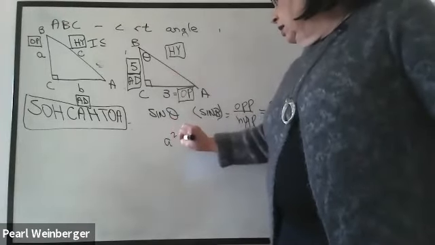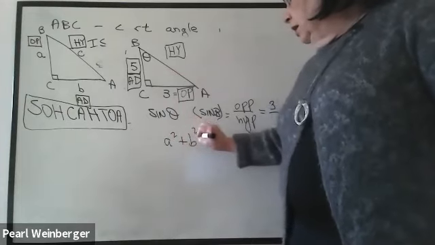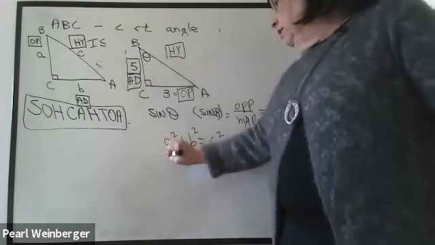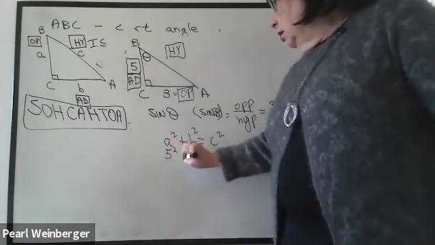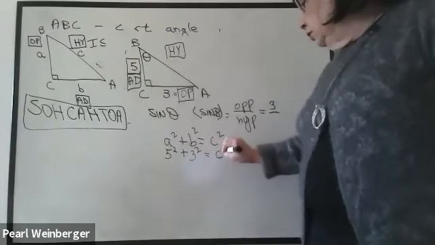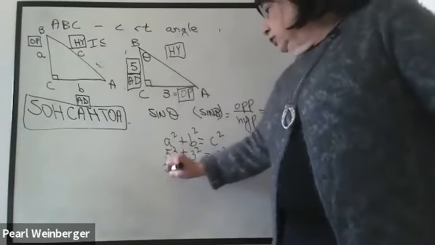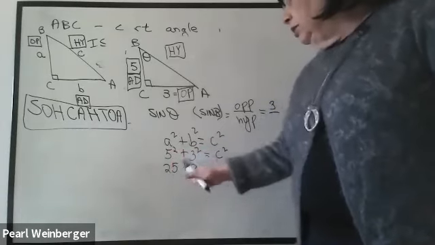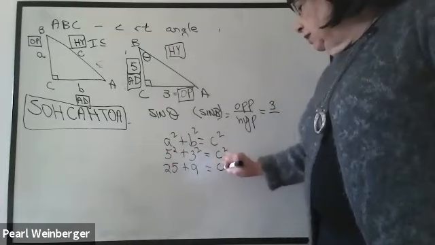Again, it's a squared plus b squared equals c squared. So it's going to be 5 squared plus 3 squared equals c squared. 5 squared is 25. 3 squared is 9. Don't take the square root until you add them.